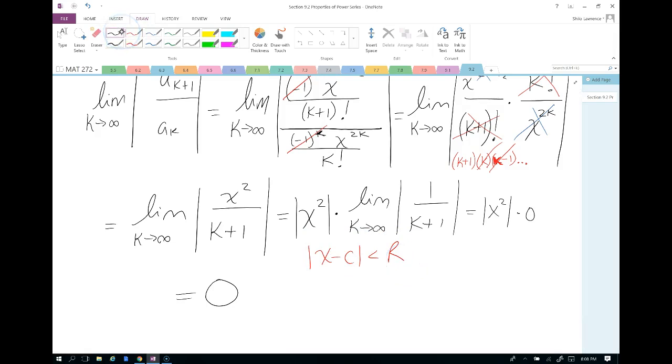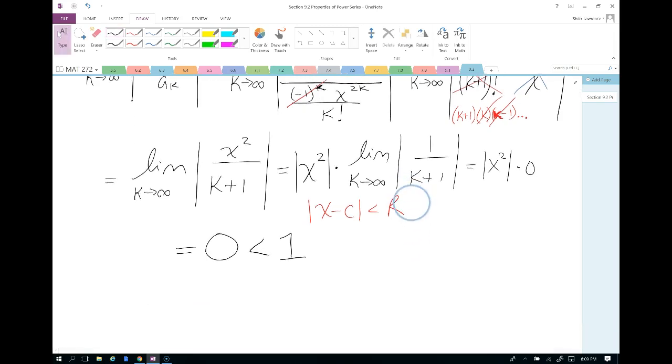But no matter what you get from doing that limit, remember, our ultimate goal is for this to be less than 1. We're doing the ratio test, and the ratio test says that our series will be convergent as long as that limit comes out to be less than 1. Well, we got 0. 0 is always less than 1, which means our radius is infinity, our interval is negative infinity to positive infinity.